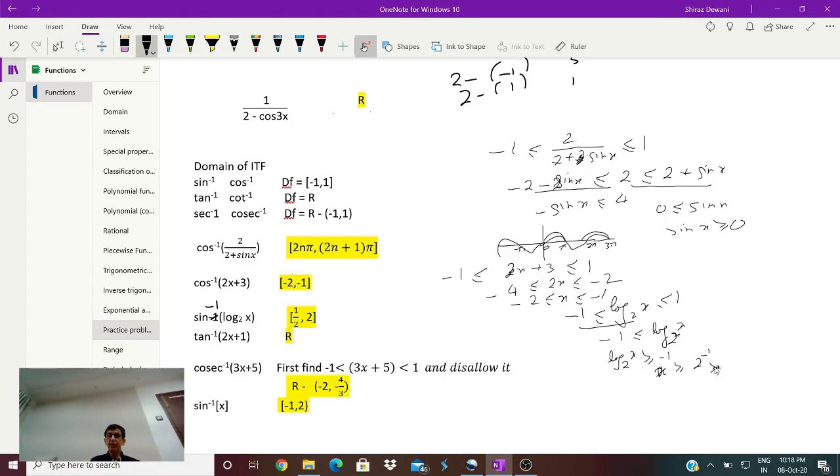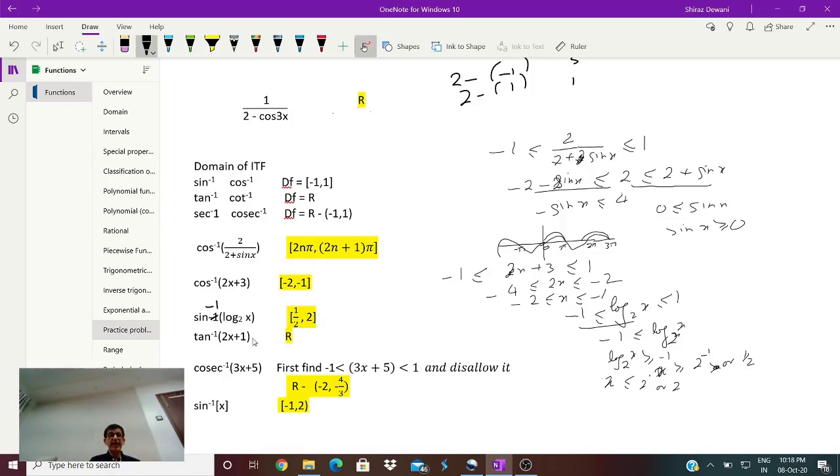So x has to be more than or equal to half. Then considering the other side, log of x to the base 2 is less than or equal to 1. So x has to be less than or equal to 2 raised to 1, or 2. So that means x should lie anywhere from half to 2, both inclusive.